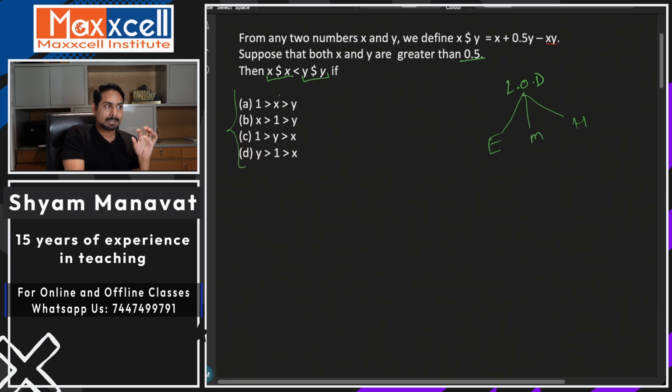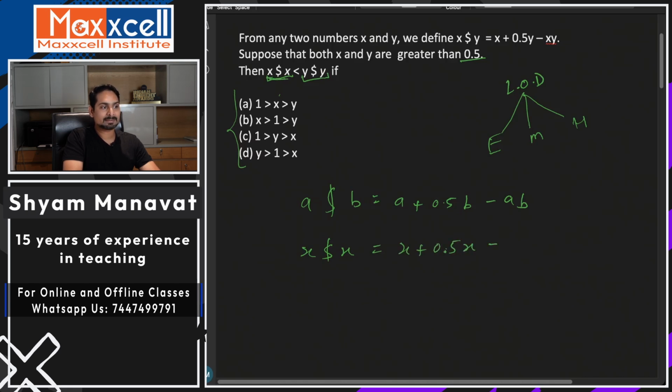Now, this is a symbol based problem where a symbol like the dollar here has a meaning. So if I say A $ B, it means A plus 0.5B minus A into B. Or if I say x $ x, here what we need to see in the question, that will get you x plus 0.5x minus x into x, which will get you x square, right?